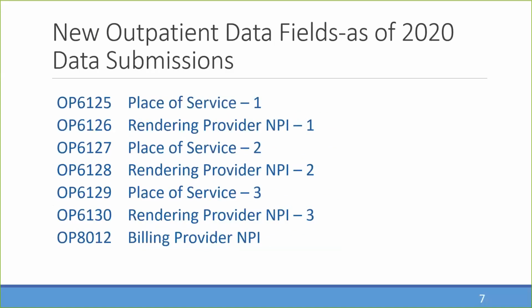In the outpatient data file, we have a number of new fields. So we're asking for place of service. There's 3 new fields to capture that information. We've been capturing place of service in the past, but we're just trying to get some more granular information.